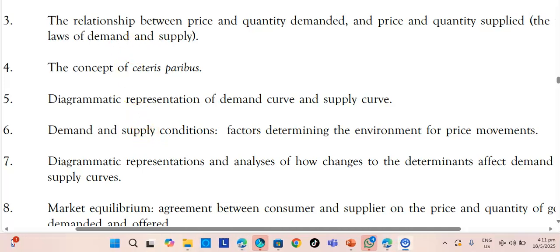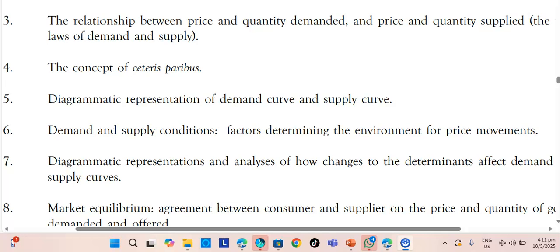Now, the demand curve, and I hope you have your textbook, to show the diagram that I'm talking about. The demand curve is a graph that shows the relationship between the price of a good and the quantity demanded by consumers, ceteris paribus, all other things being equal or remaining constant.